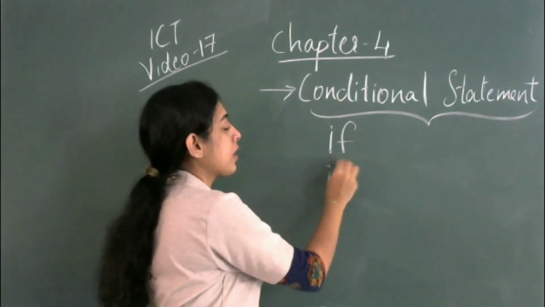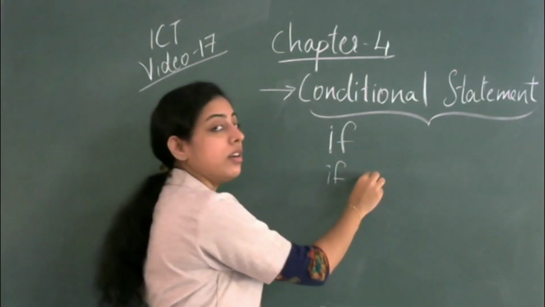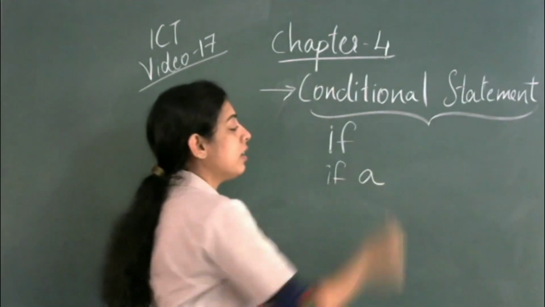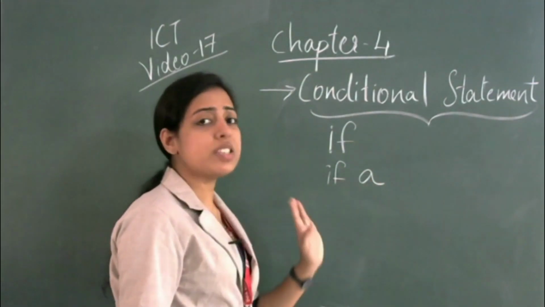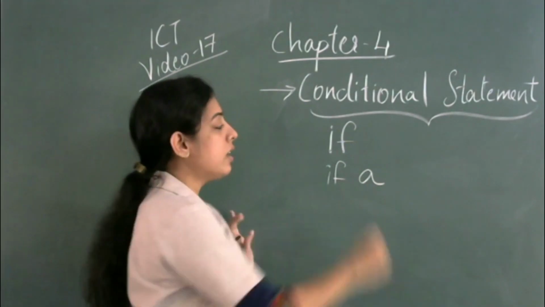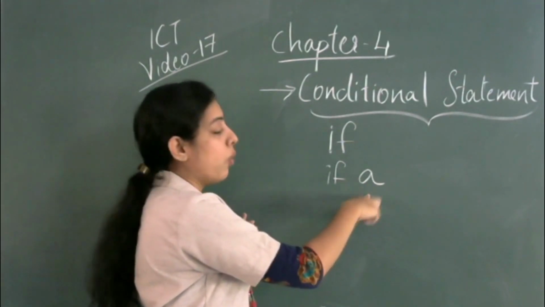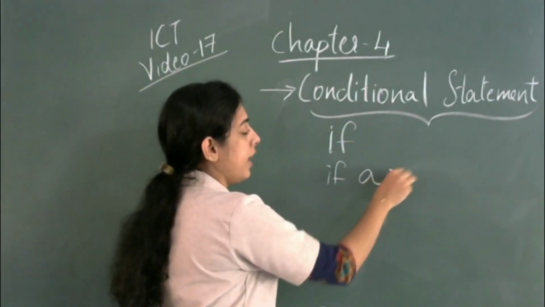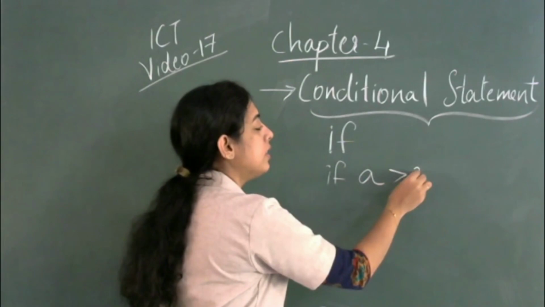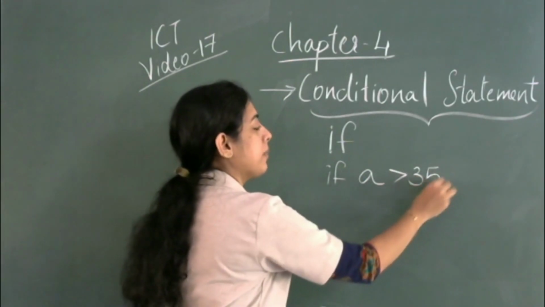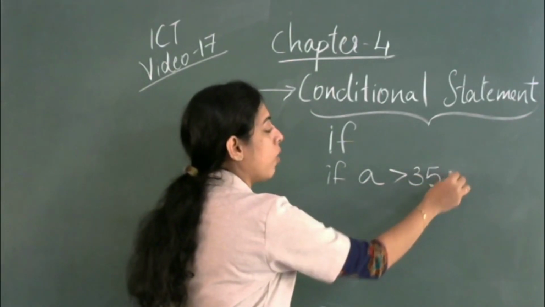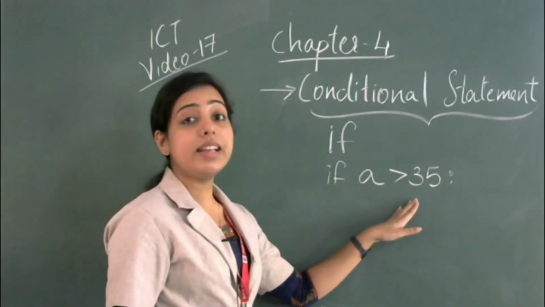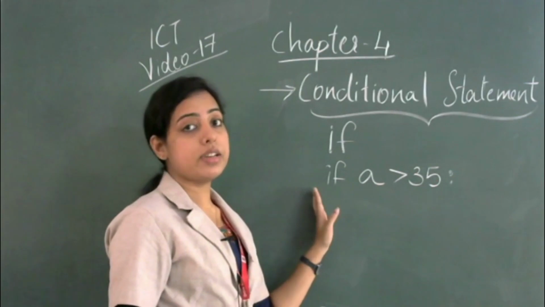If we have entered one score, one mark, it is stored in variable A. You can use any variable, there is no issue in that. So if that score is greater than 35, then put a colon. Colon means two dots. So this is the syntax of writing an if statement.